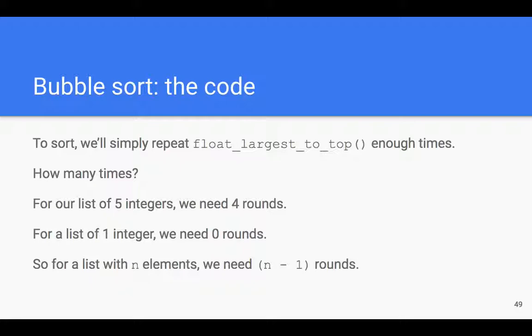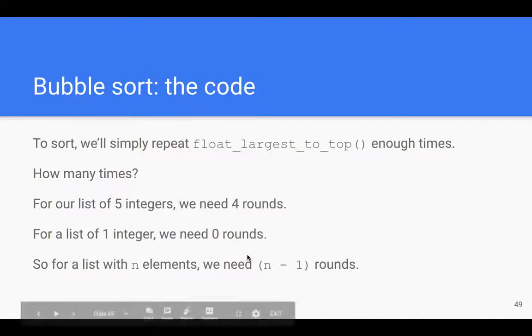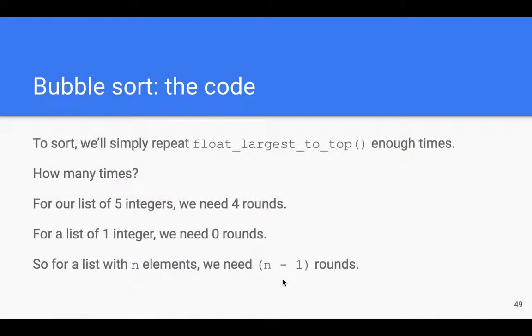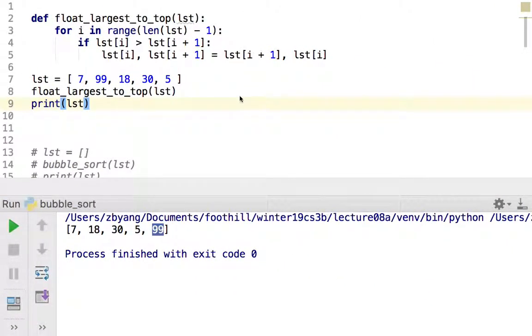So if the list only has 1 integer, you don't need to go through any of these rounds at all. So hopefully you see the pattern here, that for a list with n elements, we need n minus 1 rounds.